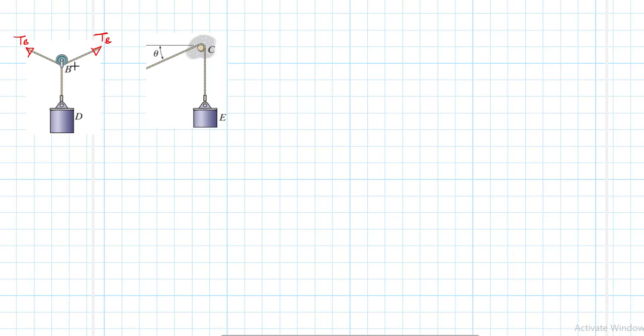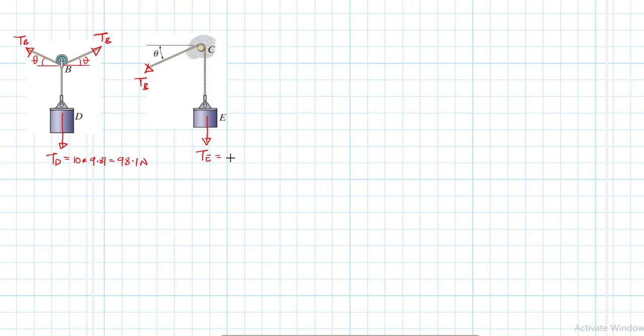So we have this angle there, theta, and also this side theta. And we have also here the same tension TB, and there we are going to have what I'm calling tension E. And there I have my tension D, which is just equal to 10 times 9.81, which is basically equal to 98.1 newtons.